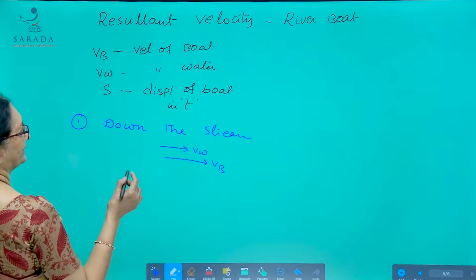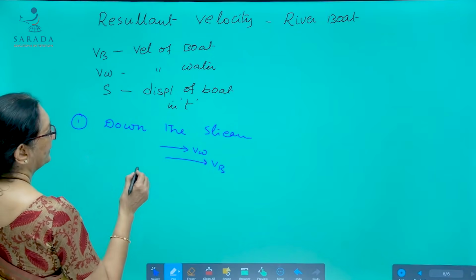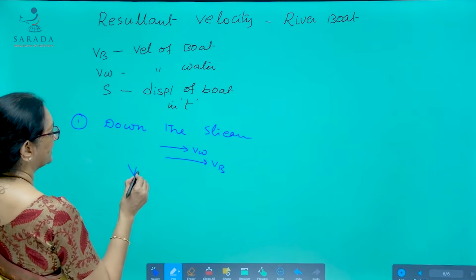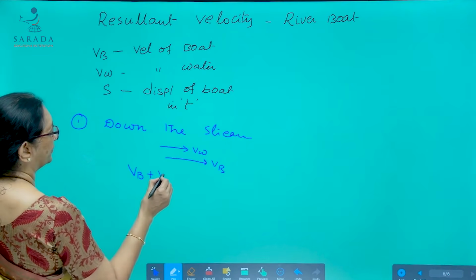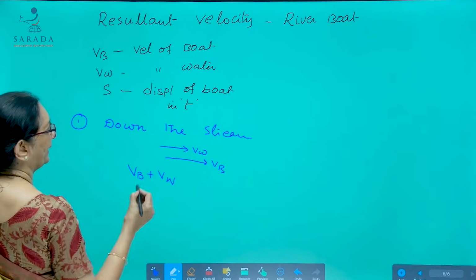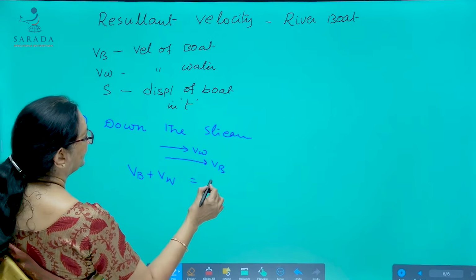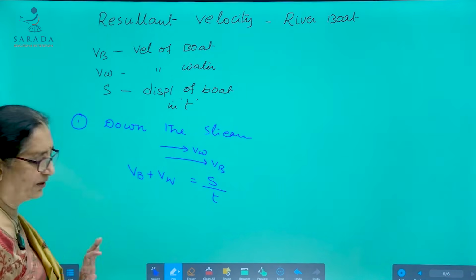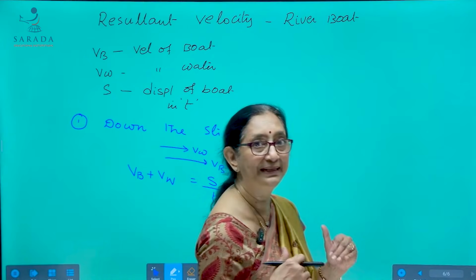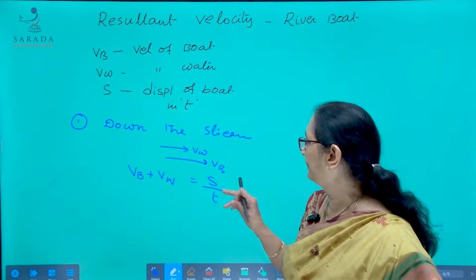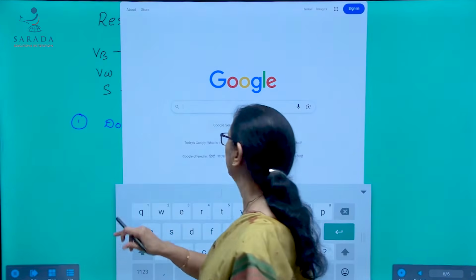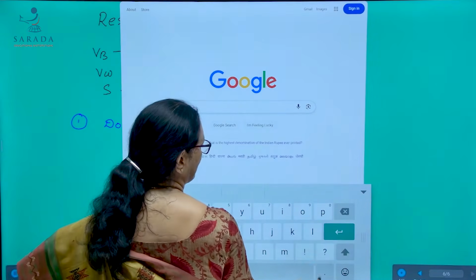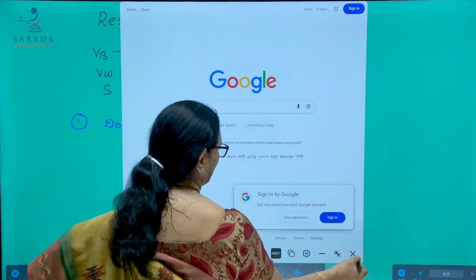So, when two vectors are in the same direction, then the resultant becomes the sum of the magnitudes of the two vectors. So, VB plus VW is equal to displacement by time. So, if the boat is moving down the stream, VB plus VW is equal to S by T. So, that is the first one.